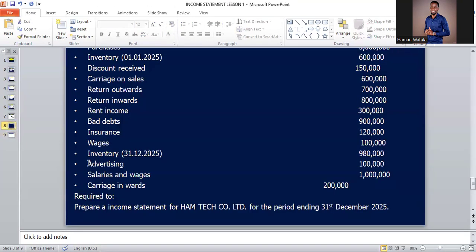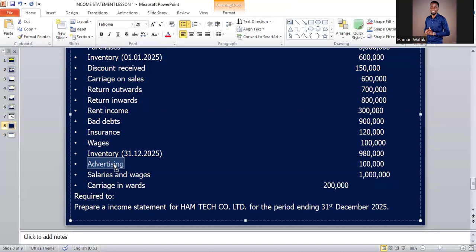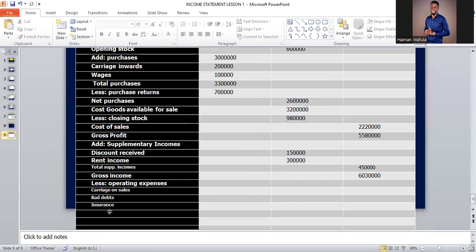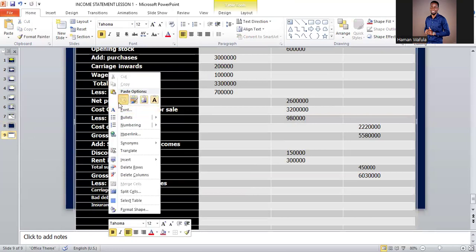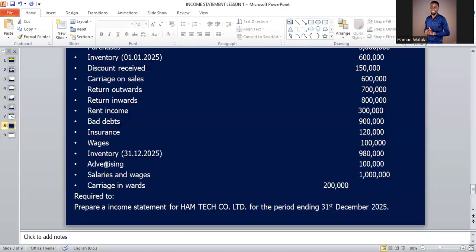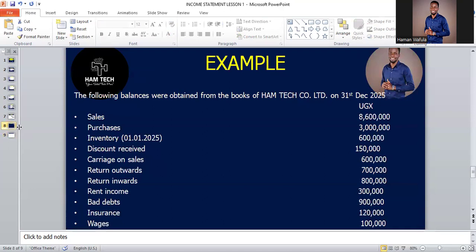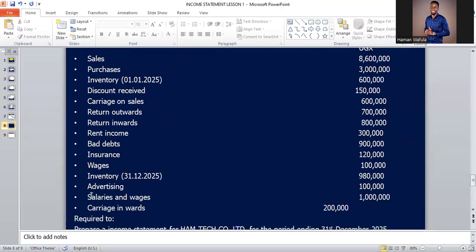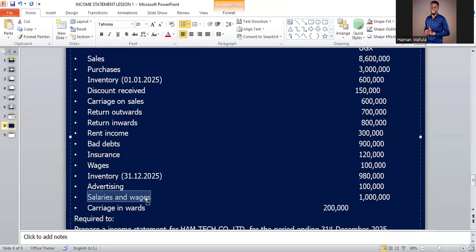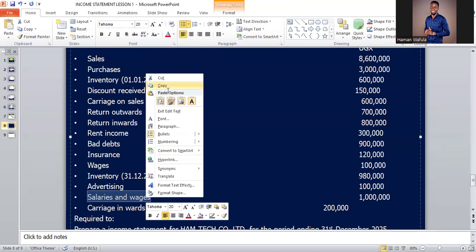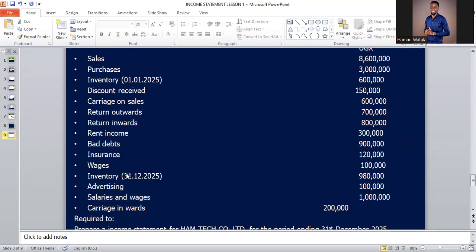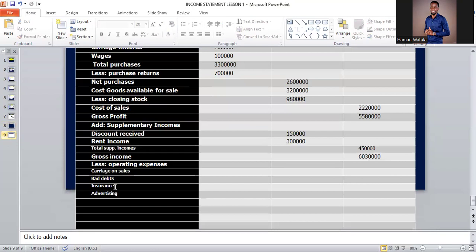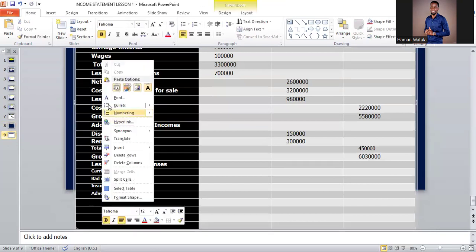Then we have advertising. We also have salaries and wages. So normally when they give you salaries and wages, it's different from wages.